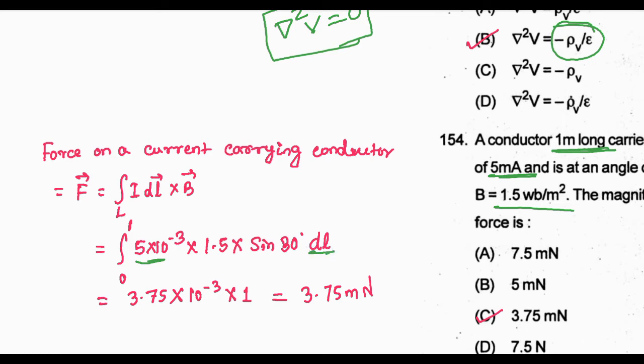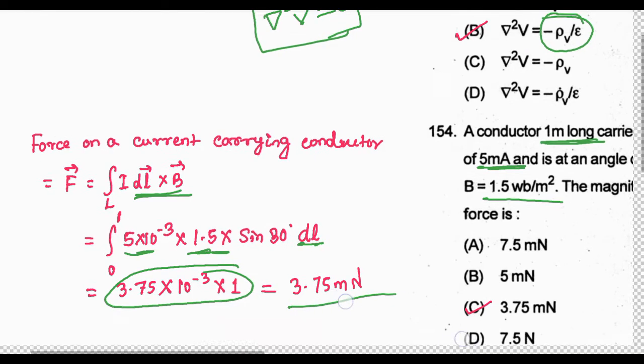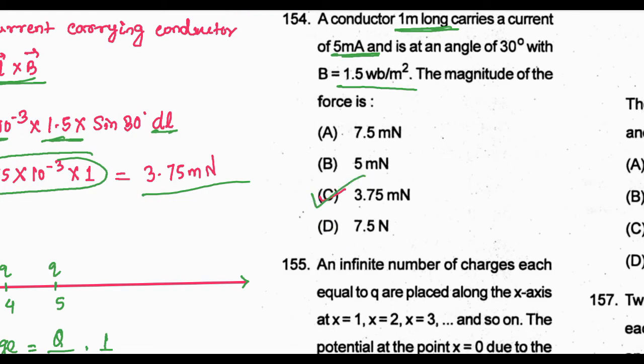B is equal to 1.5 Weber per meter square, and sin theta, because this one is the cross product. AB sin theta is the cross product. So in the cross product, sin theta is given, and theta is given to be 30 degree. So the result will be 3.75 into 10 to the power minus 3, that is 3.75 milli-Newton. So here the answer is 3.75 milli-Newton.